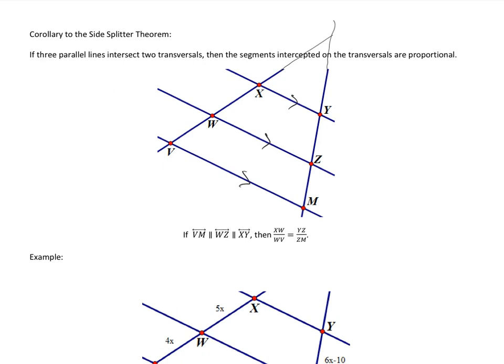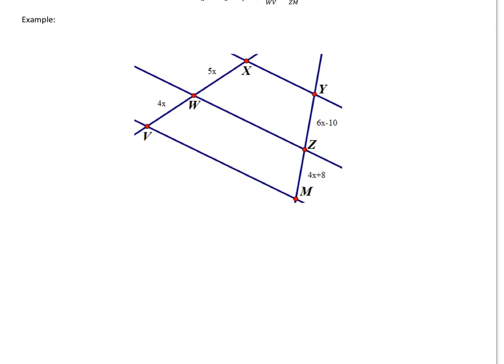So let's take a look at an example down here. So here, I've got 4x and 5x on one side, and 4x plus 8 and 6x minus 10 on the other. So I'm going to set up a proportion. I'm going to do my lower portion, which for this guy is 4x, over my upper portion, 5x, is equal to my lower portion, 4x plus 8, over my upper portion, 6x minus 10.